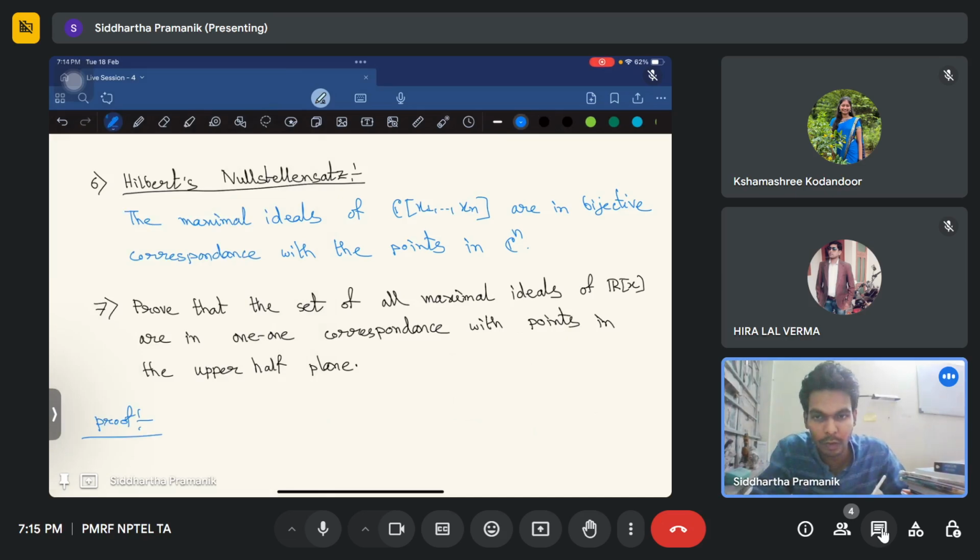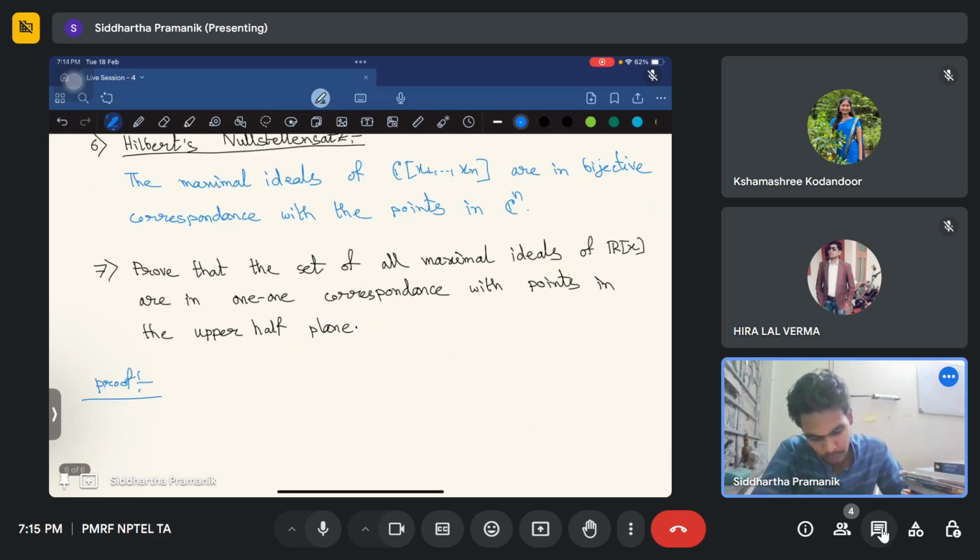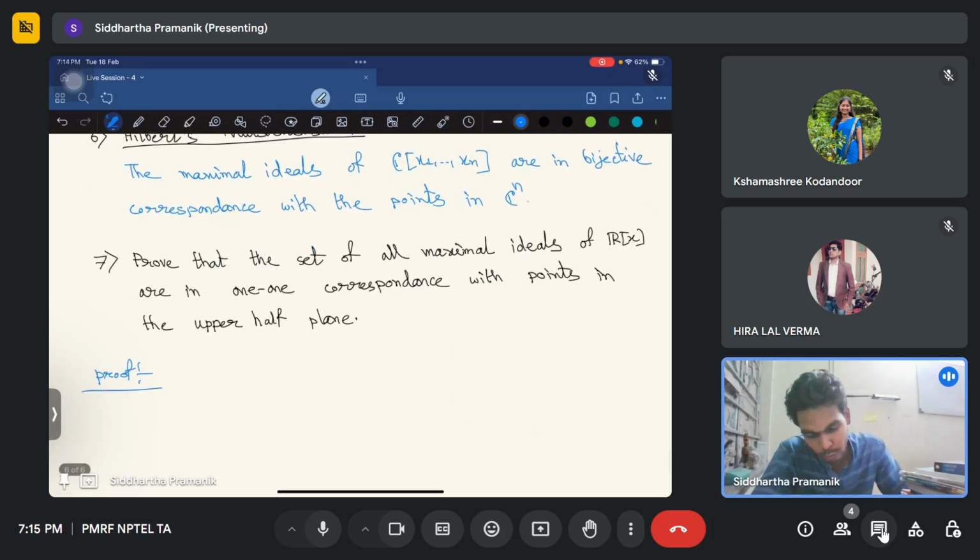I hope you have understood this problem. We need to prove the set of all maximal ideals of R[x] is in 1-1 correspondence with the points in the upper half plane. In case of C[x], it is in 1-1 correspondence with the whole complex plane. But in case of R[x], it is just with the upper half part.